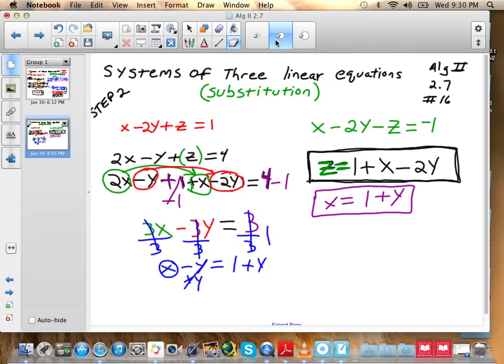I'm going to erase some of this to make room for the last part of step 3. But take a look and see if you can understand, or make sure you understand, how we got x equals 1 plus y, and you may reflect back a little bit on how we got z equals as well at the very beginning in step 1.